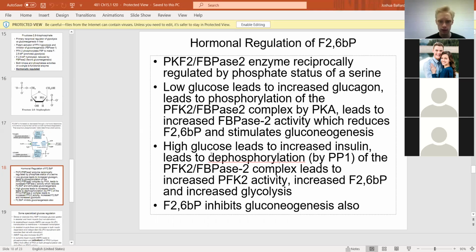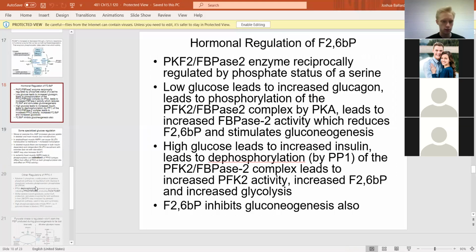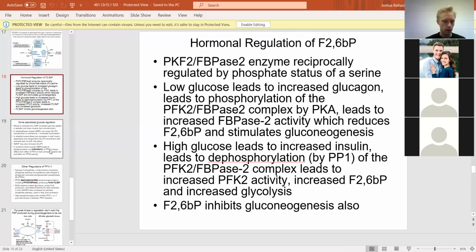So we know that dephosphorylation by PP1 of this complex leads to increased phosphofructokinase 2 activity. Phosphorylation does the opposite, so it shuts it down, and that reduces the fructose 2,6-bisphosphate. As a result, it does the opposite of what this step does, which is stimulating gluconeogenesis. So this slide's important to know.